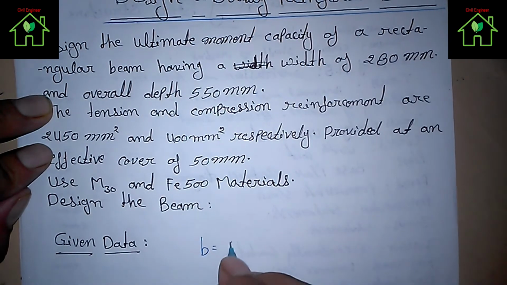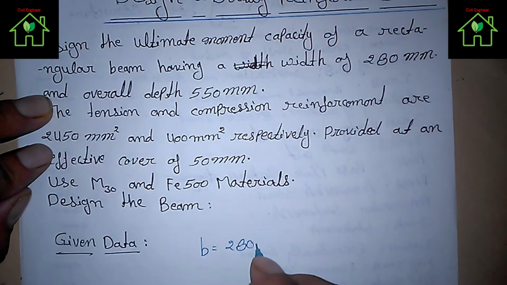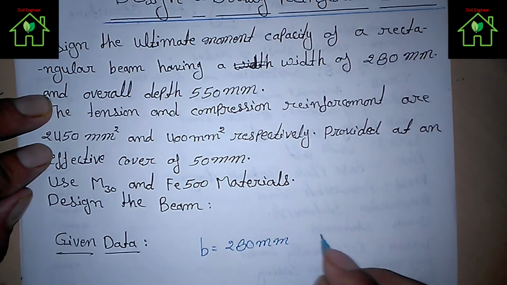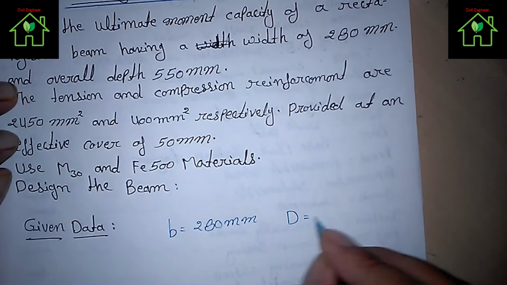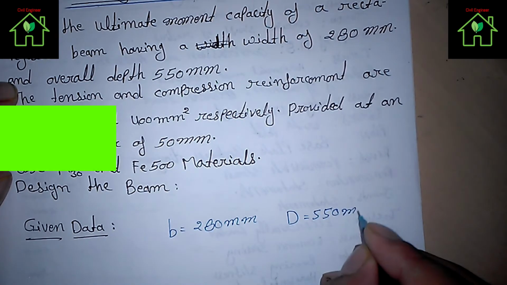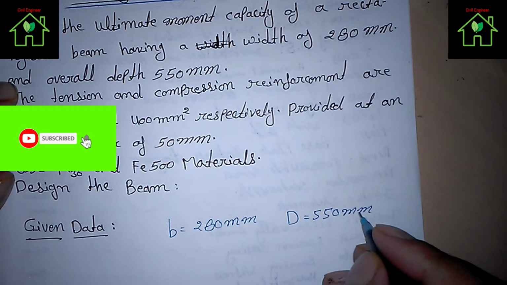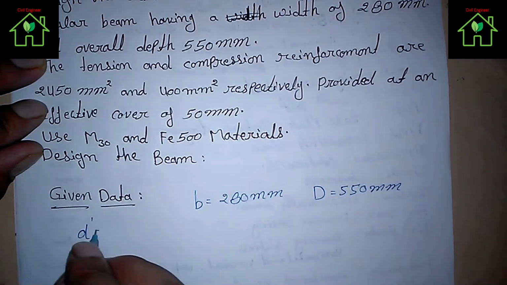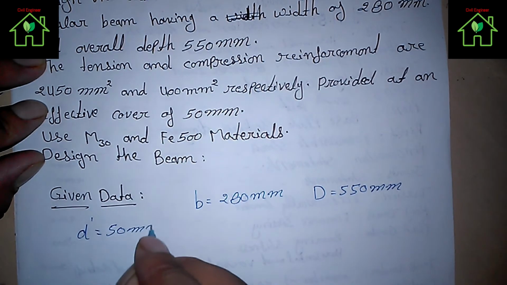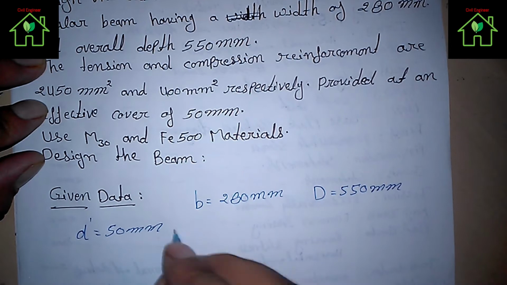B is equal to 280 mm. Total depth is equal to 550 mm. D dash is equal to 50 mm.